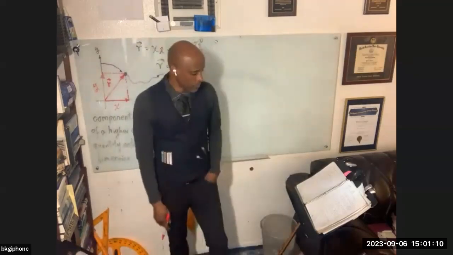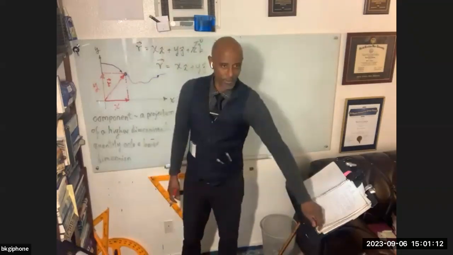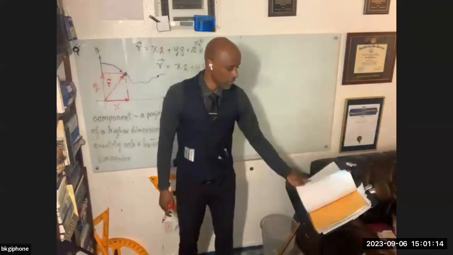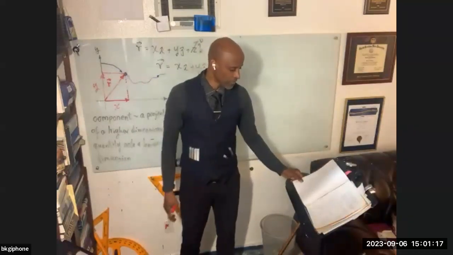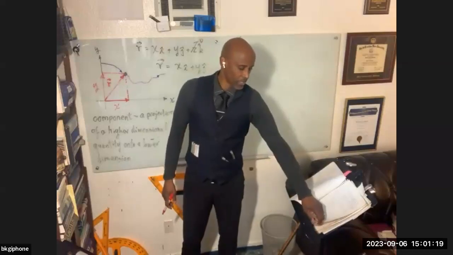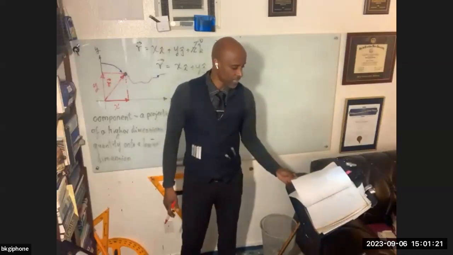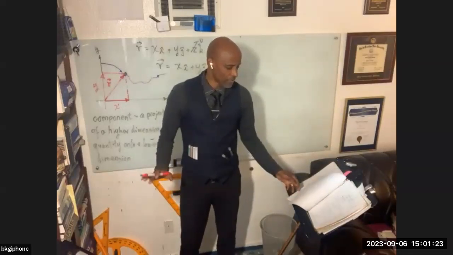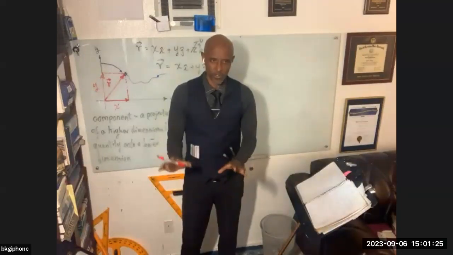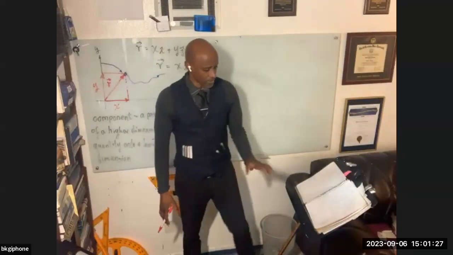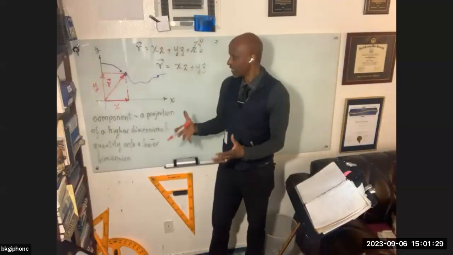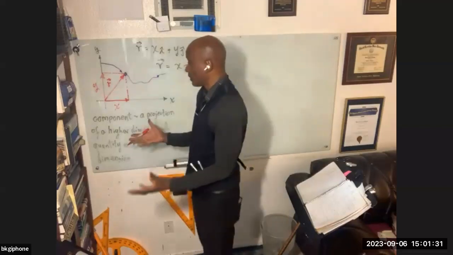Now, we will ultimately show that we can use geometry to define the components in terms of the others. We'll do that eventually, using trig, cosine, sine, that sort of thing. But right now, I just want to define what a position vector is.